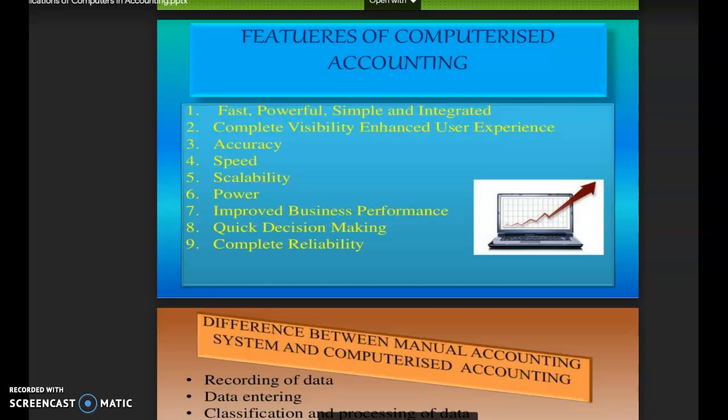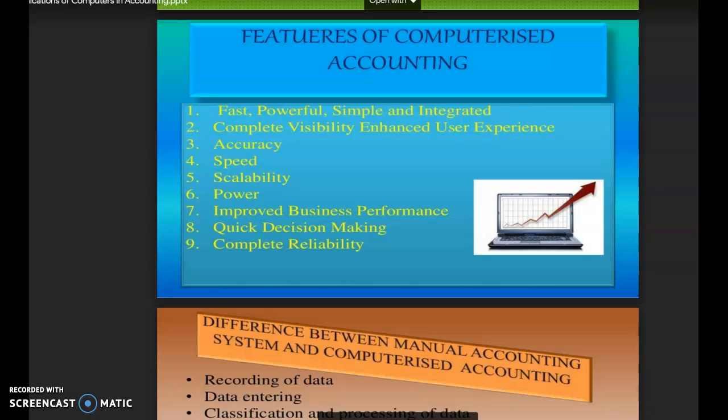Integrated means all the components and parts of the accounting process are associated with each other, so it has complete visibility and an enhanced user experience. On the monitor screen, you can get detailed visibility of all the information you entered and what output you will get.